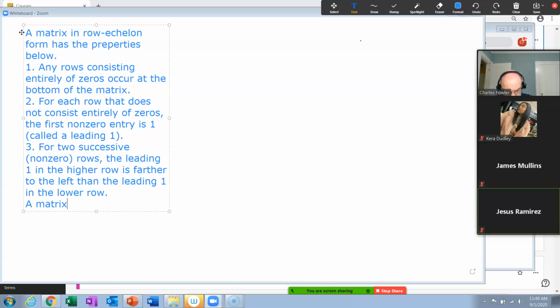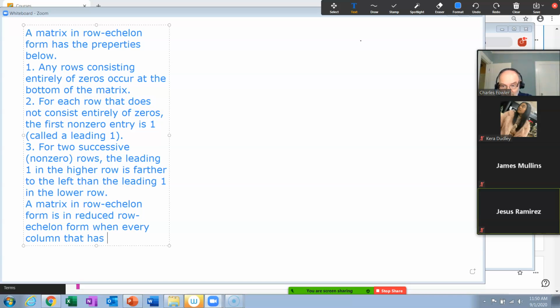A matrix in row echelon form is in reduced row echelon form when every column that has a leading 1 has zeros in every position above and below its leading 1.